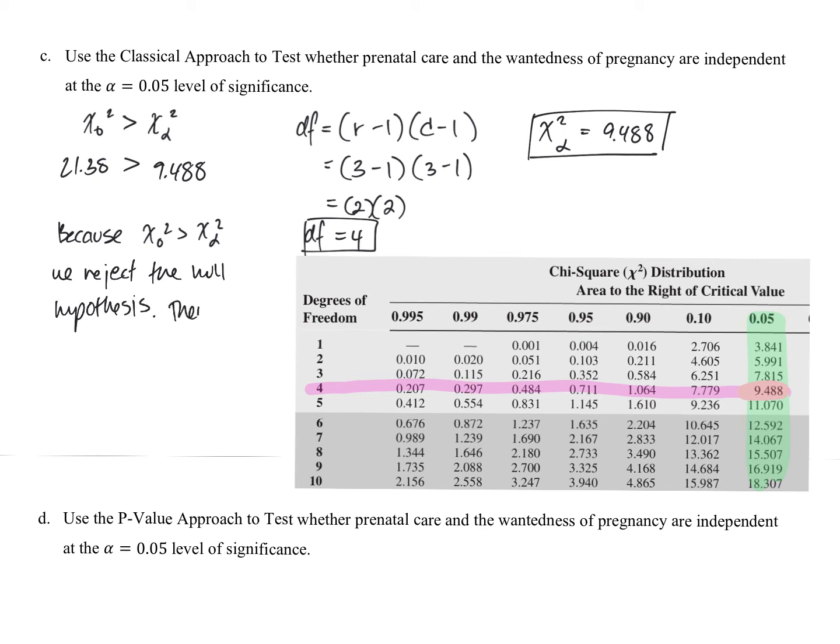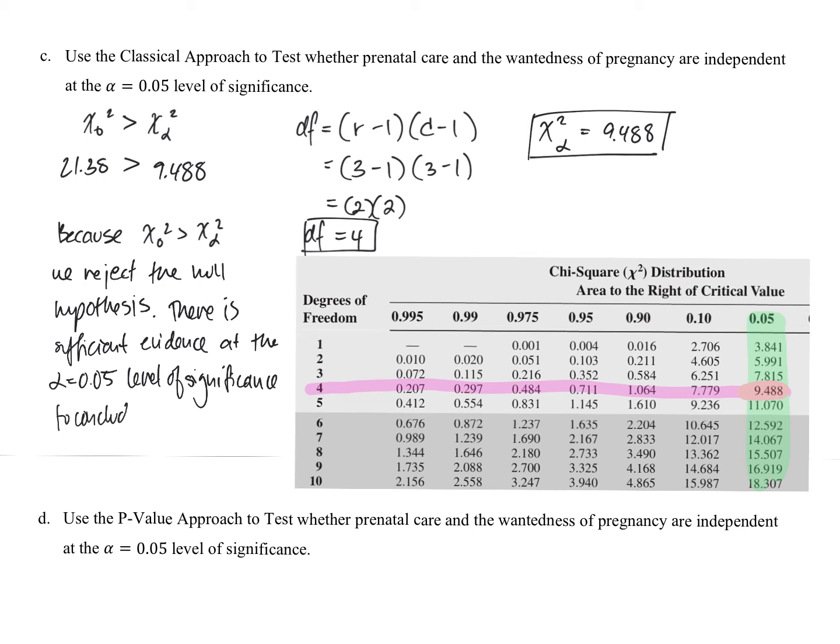There is sufficient evidence at the alpha equals 0.05 level of significance to conclude that wantedness of pregnancy and months pregnant before prenatal care are associated.